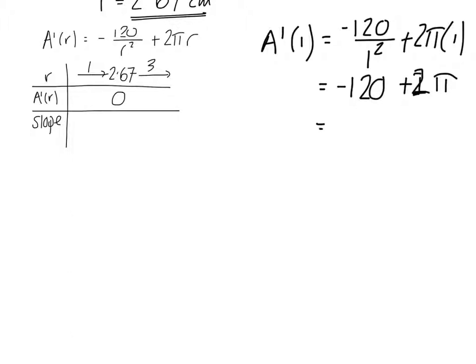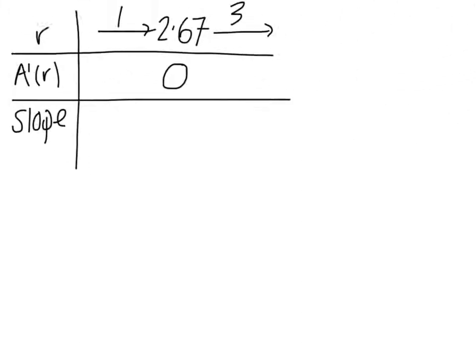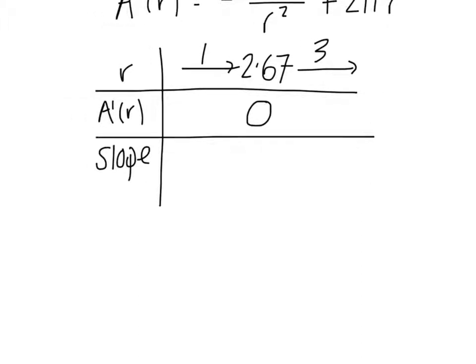Now, we don't actually need to work that out. We know pi is approximately 3.14, so 2 pi will be double that, which will just be 6 point something. Negative 120 plus 6 point something is definitely negative. So that means we can go back to our table and put that in here. So we have a negative sign.